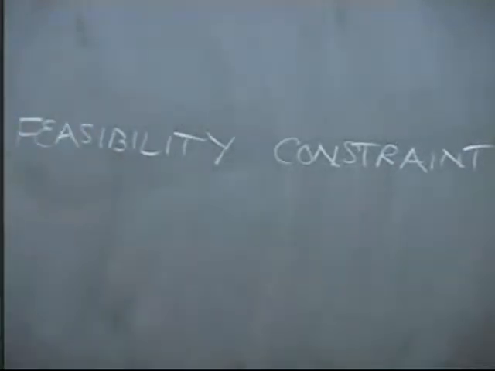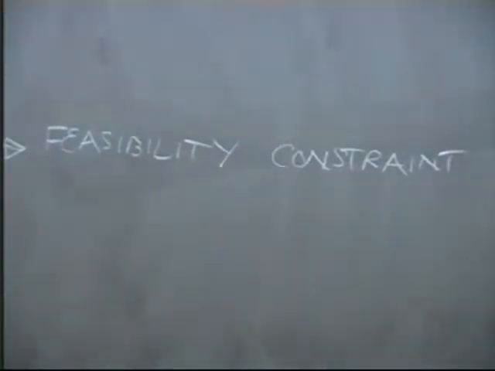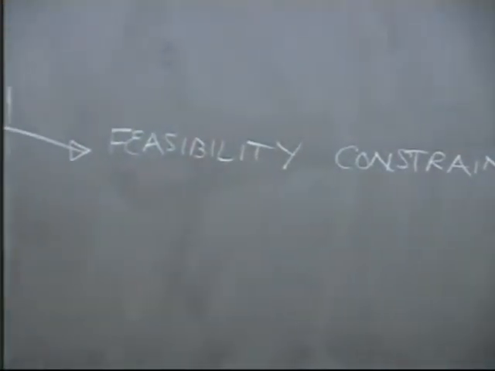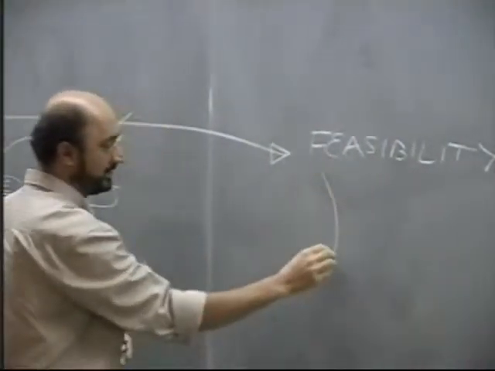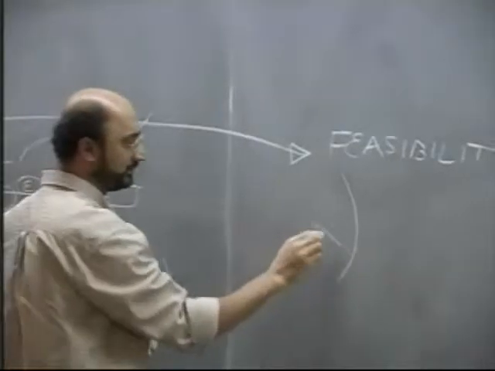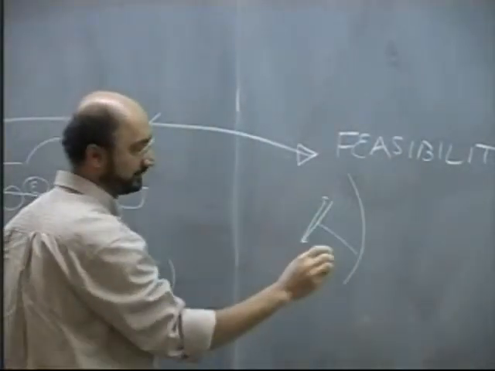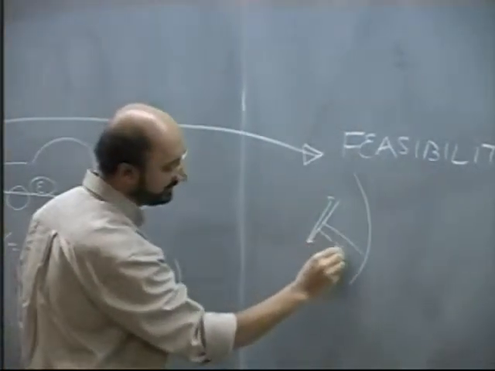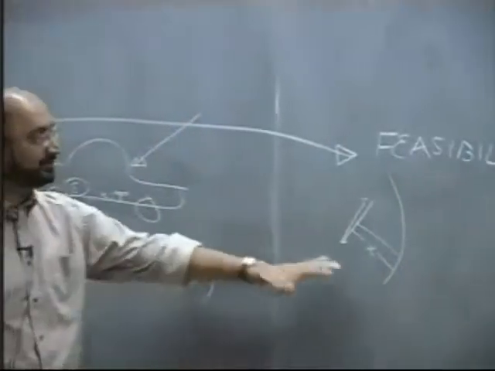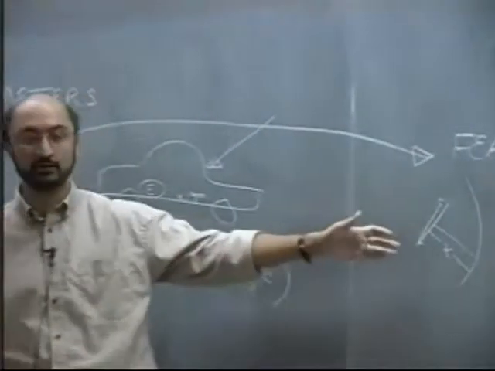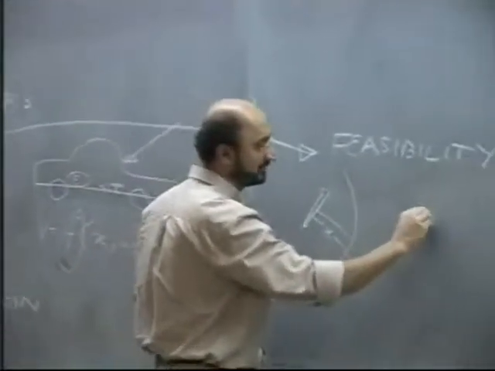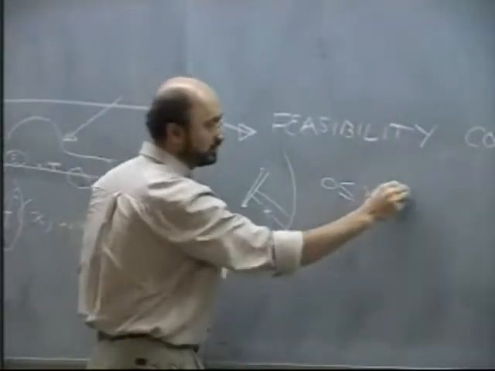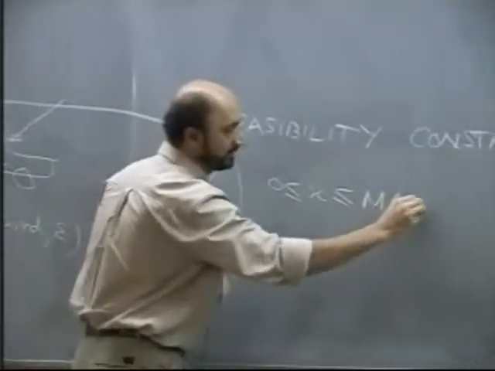Going back to the accelerator of the car, the pedal has to be no more, if this is the pedal, so this is the front of the car and that's the pedal. How does it even look like? I guess it looks something like that. And so let's call this X. We know that X has to be at least 0, right? It's greater than or equal to 0. And maybe the maximum value of this is some value max. So we can say 0 is less than or equal to X, less than or equal to max, right?